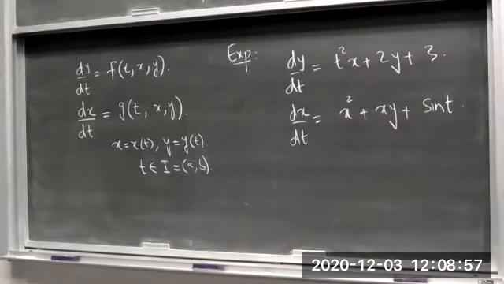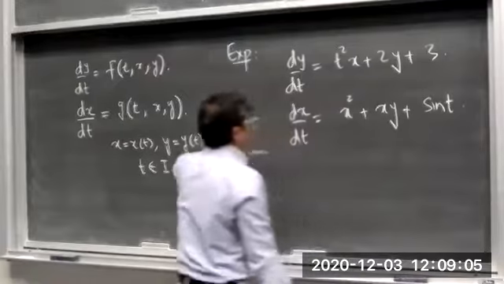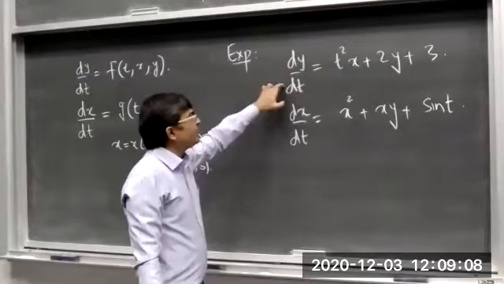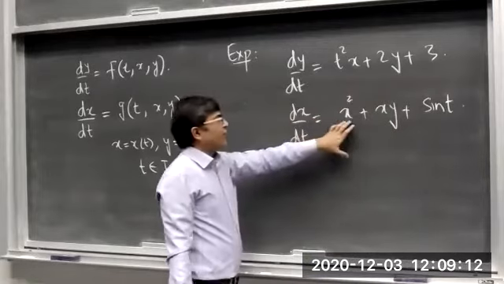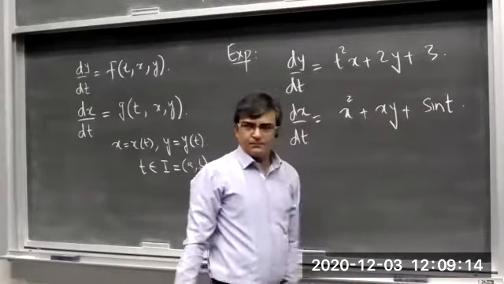So this is an example of a system of first order ODEs, and this system contains two first order ODEs: dy by dt is t x square plus 2y plus 3, and dx by dt is equal to x square plus xy plus sine t.